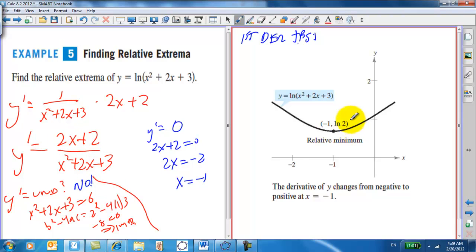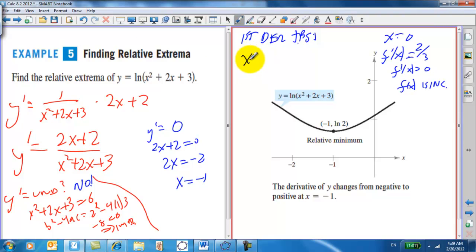And we can try easy things like 0. Let's try x equals 0. The derivative is what? I just need the sign now. If I put 0 into this, I'm going to get 2/3. So therefore, since the derivative is greater than 0, f of x is increasing.